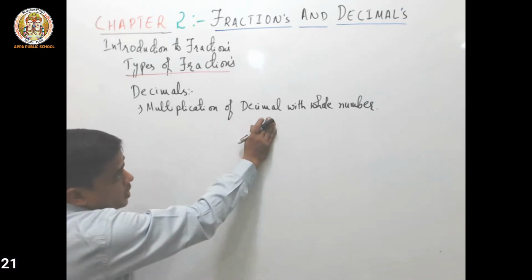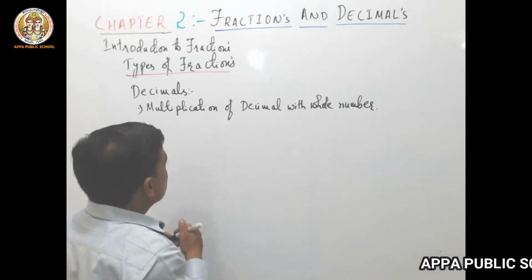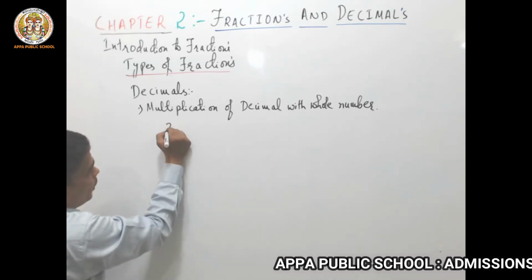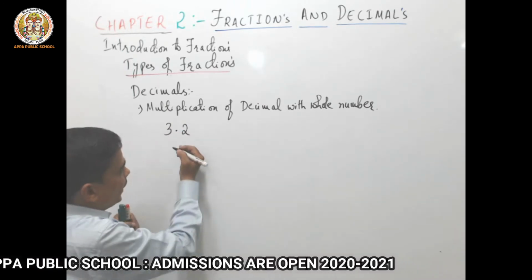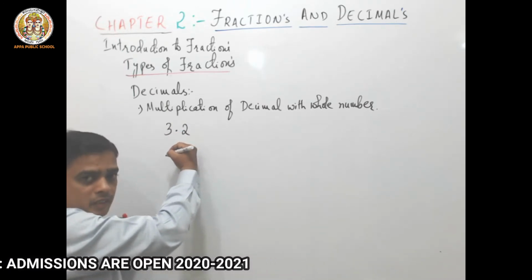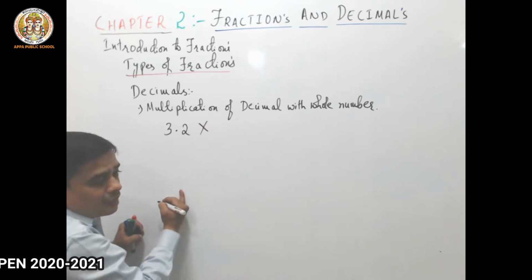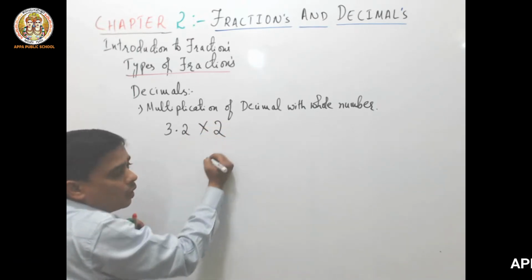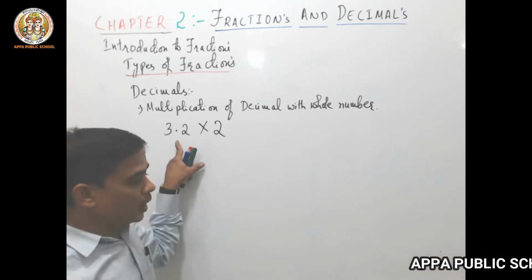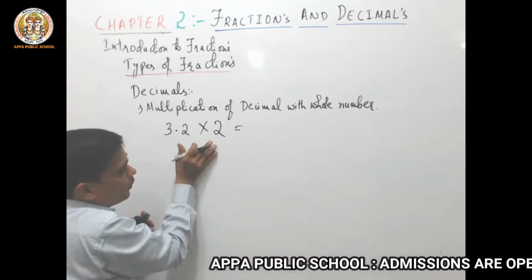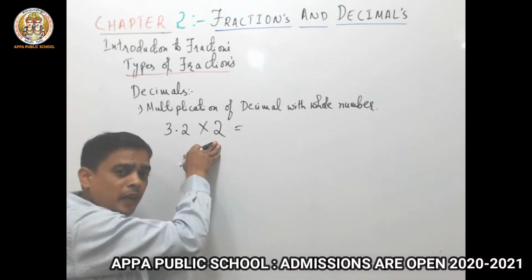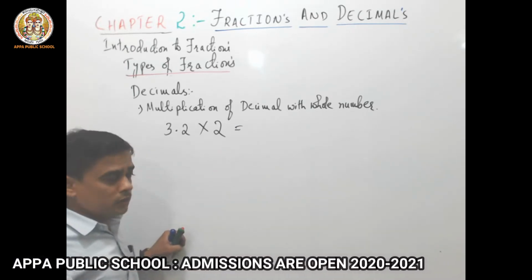Next one, multiplication of decimal with a whole number. Suppose if I take an example of a decimal number as 3.2, I will multiply this decimal number with a whole number. What you have to do here is multiply as usual for whole numbers, right?